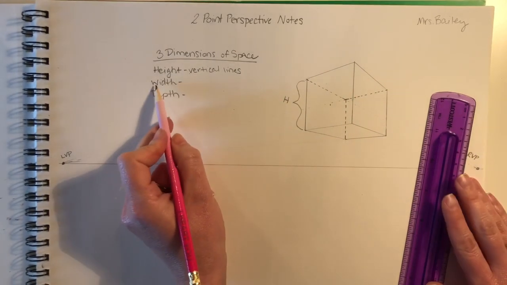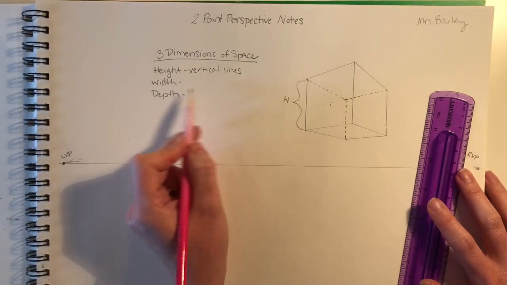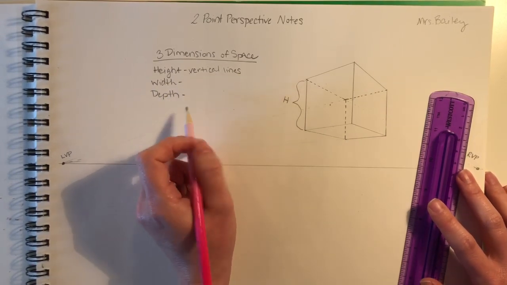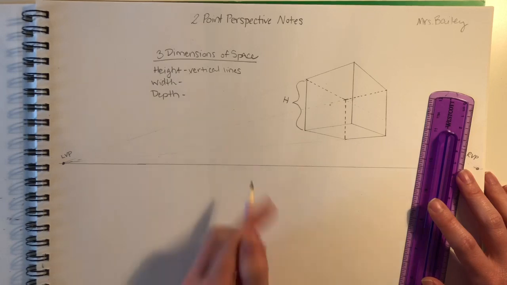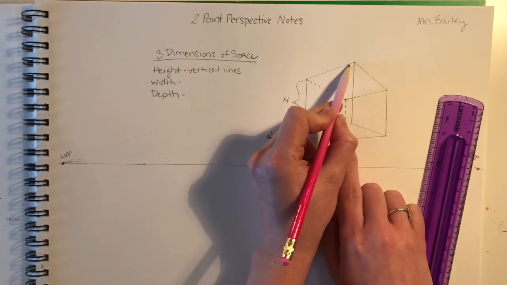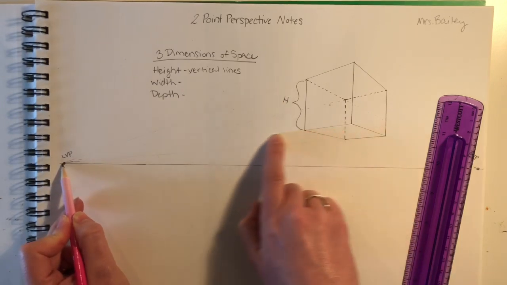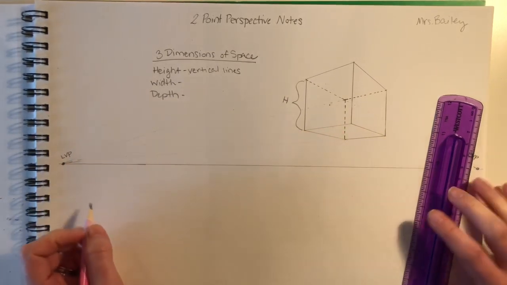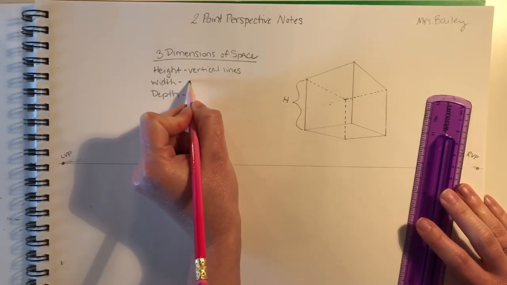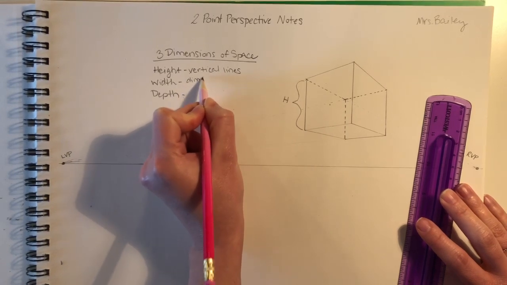Now, the width is where the difference comes in. The width in 1-point perspective is always represented with horizontal lines. But now you can see that instead of being horizontal, the width of our cube is now diminishing to a vanishing point. So these are going to be diminishing lines now.